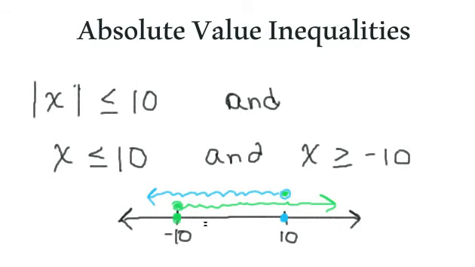Because and means it must satisfy both this inequality here and this one here also. So we're going to be left with, I'm going to use a bracket here because we include negative 10, comma, 10. We use brackets because we include them; we'd use parentheses if we didn't include 10. So it's everything between negative 10 and 10.